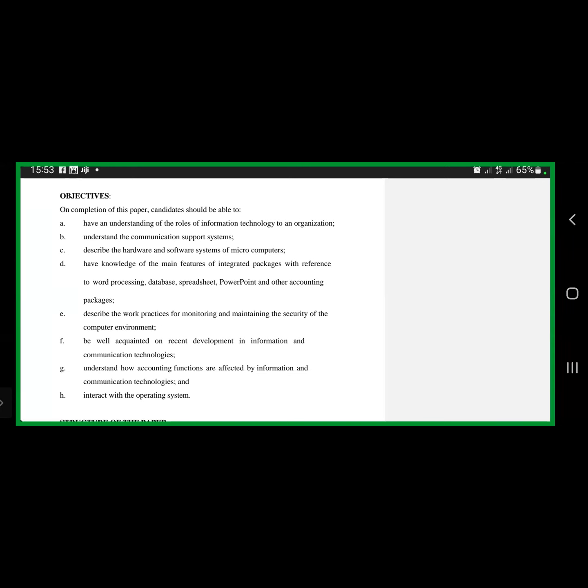Number 6 is be well acquainted with recent developments in information and communication technologies. This is also very important. What are the recent developments? Have you heard about the metaverse?